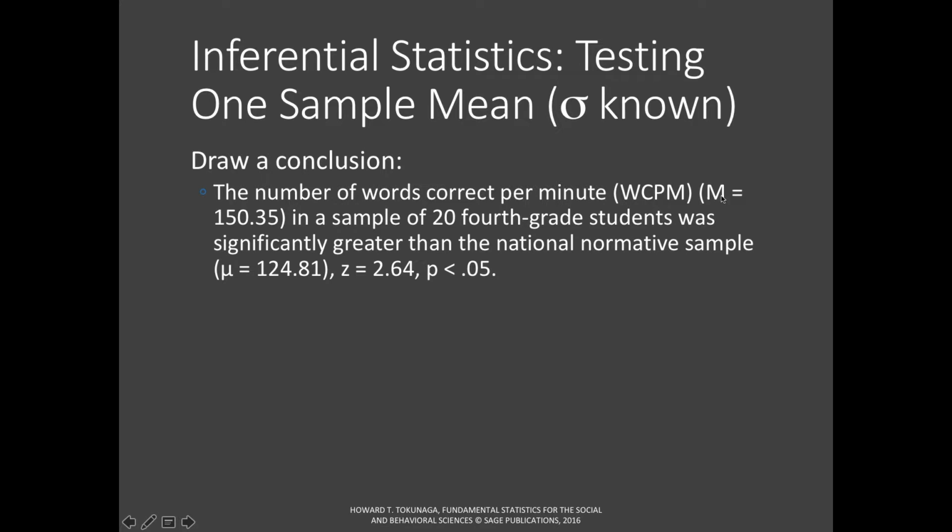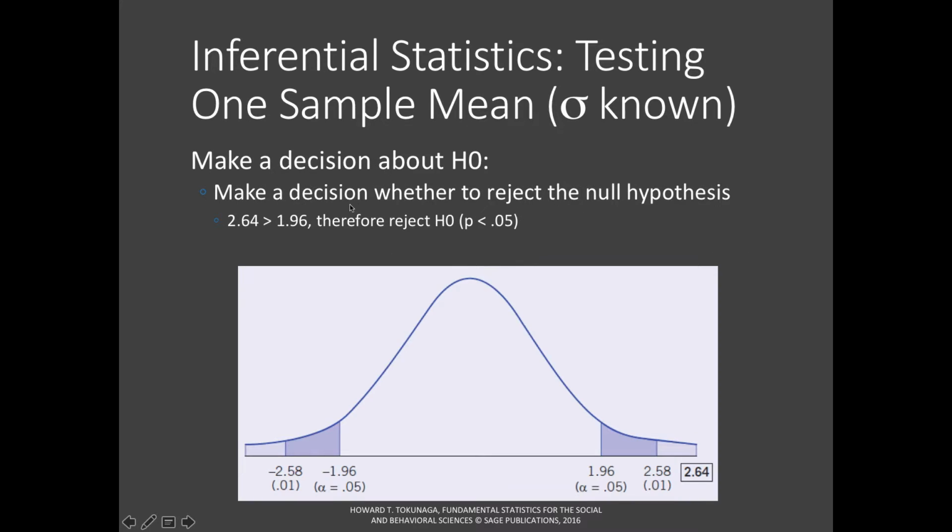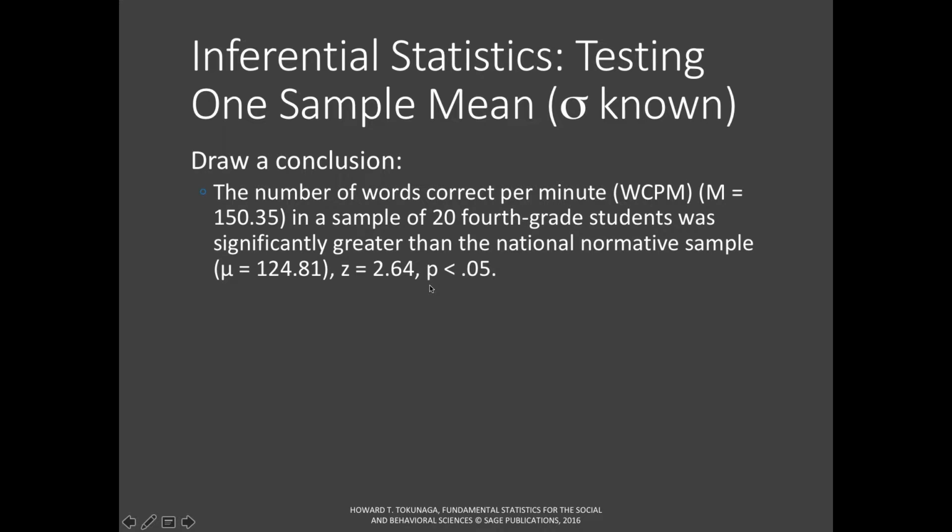You would want to include the mean of your sample, the mean of your population, and then at the very end of the sentence, you include a comma, then the z-score you found, and then the p-value. Because we saw that there was a difference, we decided that 2.64 really is greater than 1.96. The p-value is less than 0.05.